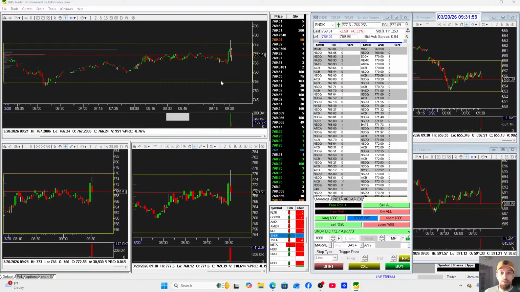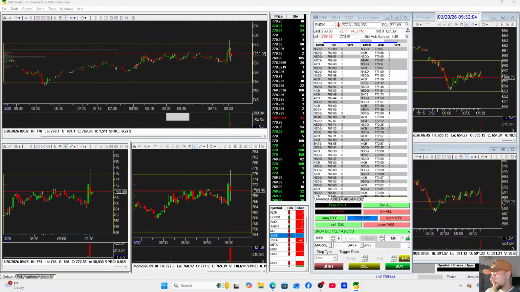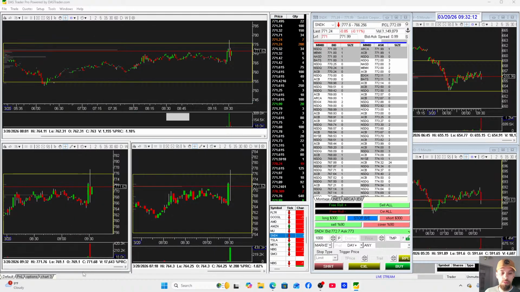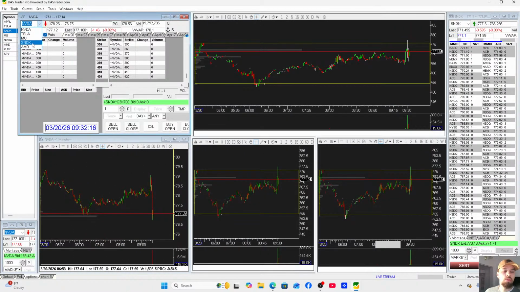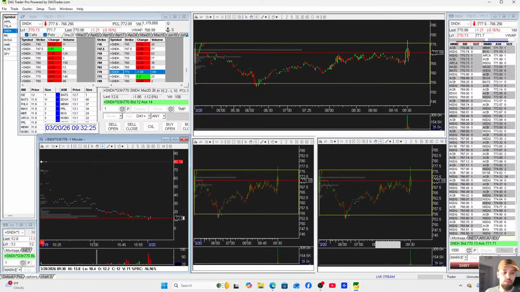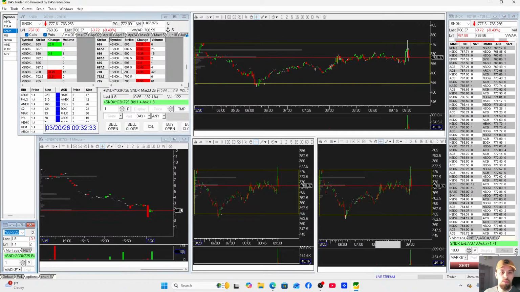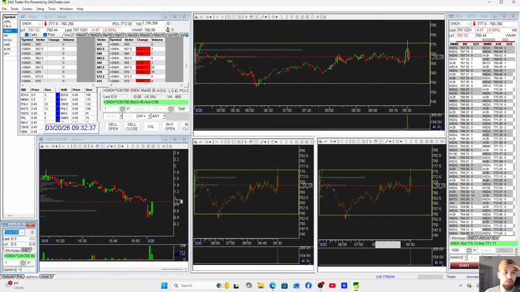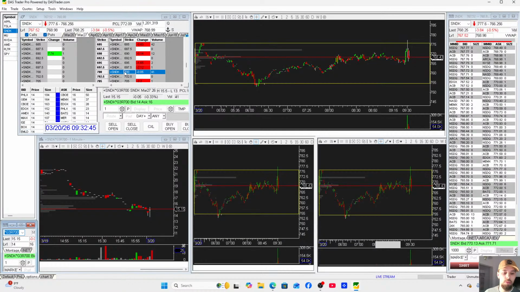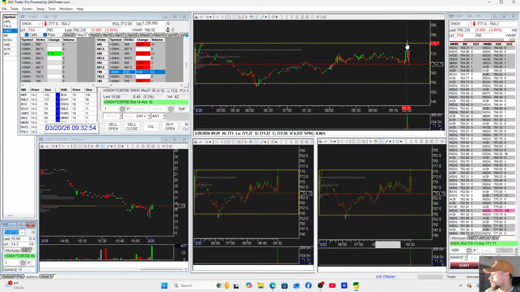Really struggling with that 775 area. So SanDisk rejected that resistance area pretty aggressively.